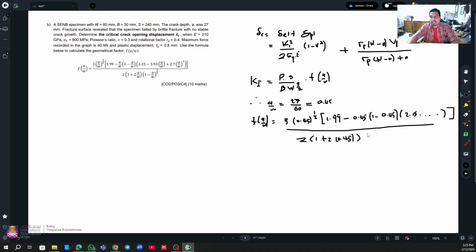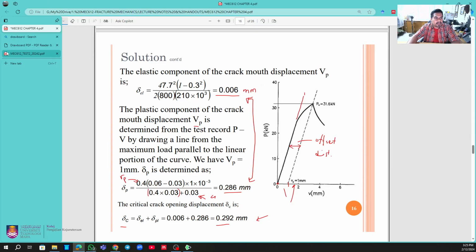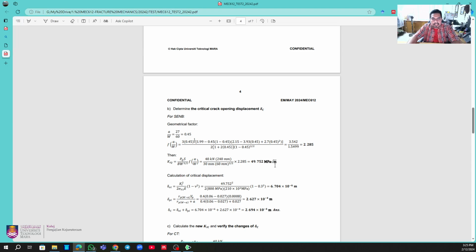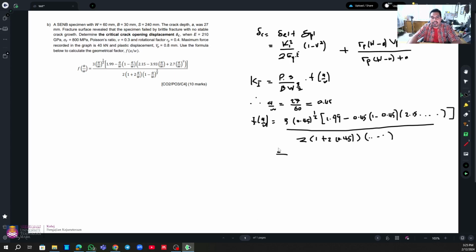And this one in the bracket you have to fill in, and then you will obtain, if I'm not mistaken, 2.285. So later on you have to try it by yourself. This will be f(a over W).